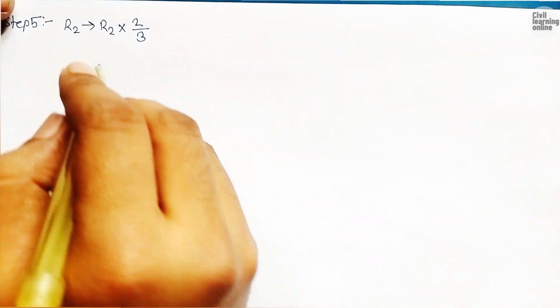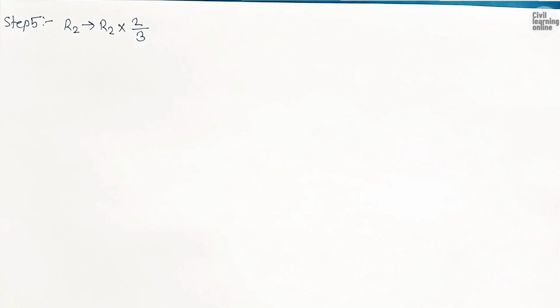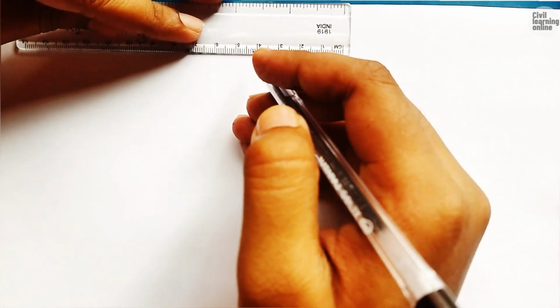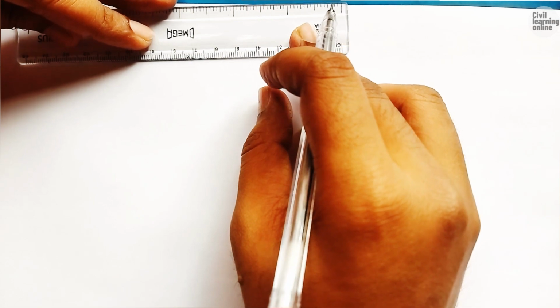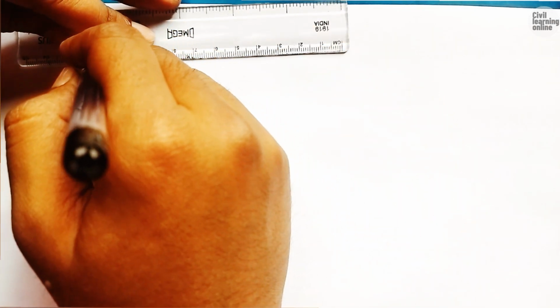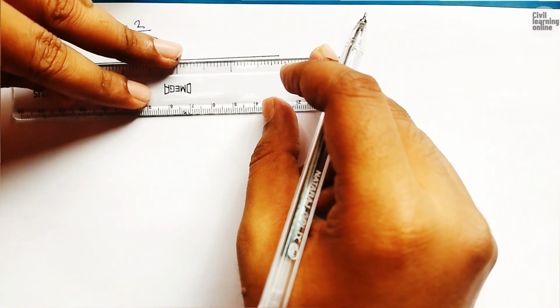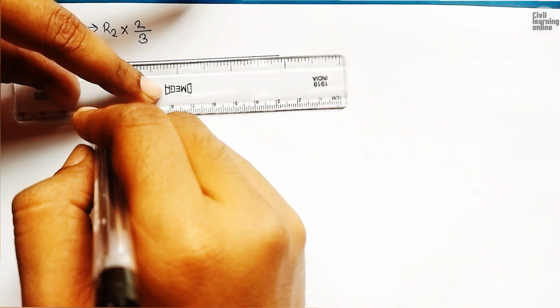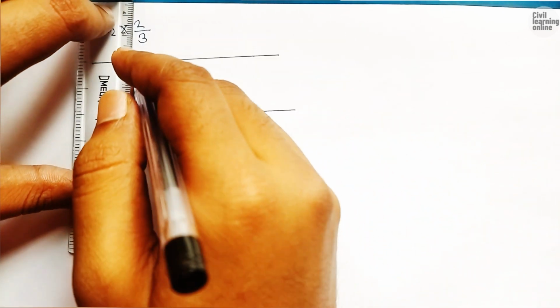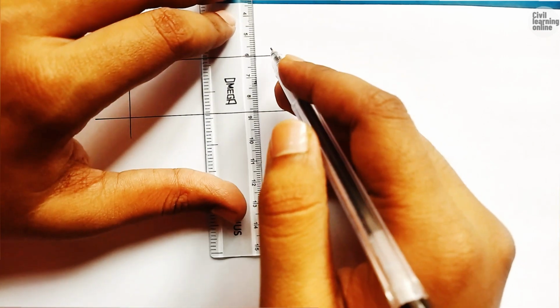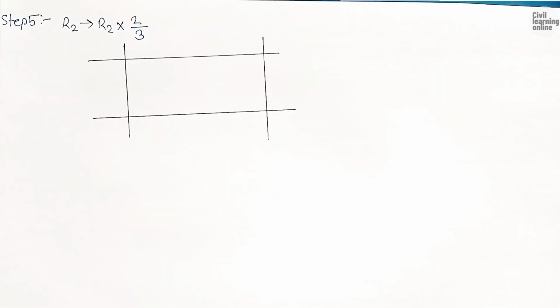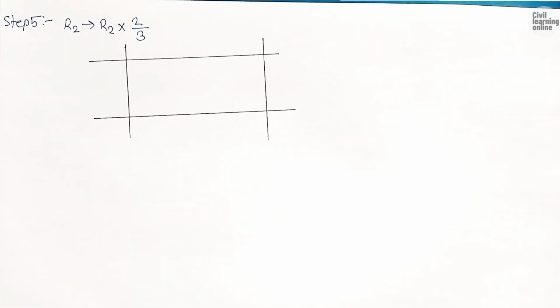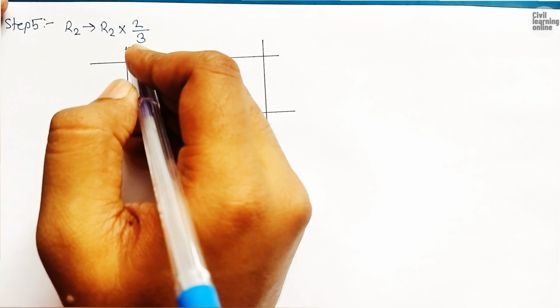So we will draw a table here. We are doing the operation in R2, so the elements of R1 and R3 will be written as they are. There will be changes in the elements of R2 only. So here we go. We have R2 implies R2 times 2 by 3.